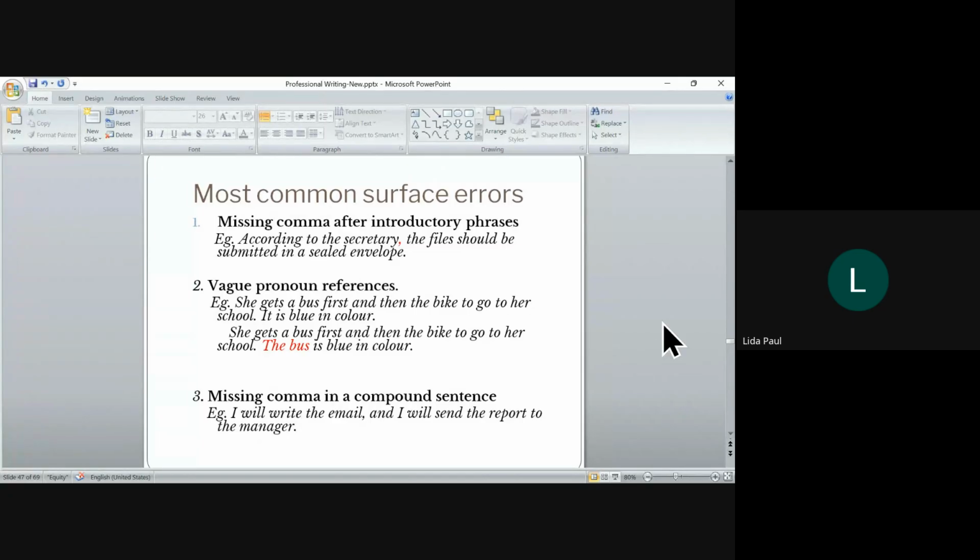Most of the times we see this is an error where many people tend to omit this comma while they're writing, right? So commas need to be followed up after introductory phrases in all sentences. Even if this comes at the end of the sentence, the same thing has to be done. You have to separate it from the main clause using a comma. Okay. So the file should be submitted in a sealed envelope, comma, according to the secretary, right?